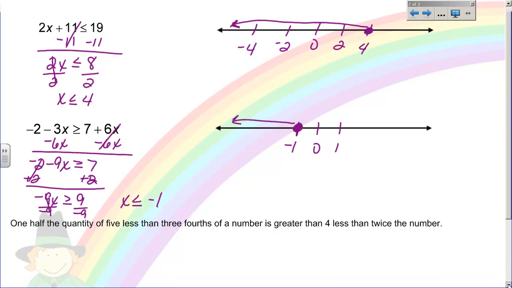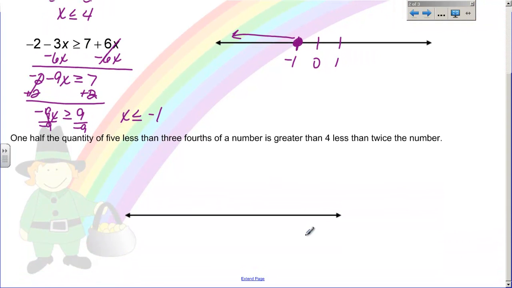So let's talk about doing this in the terms of a word problem. I have 1/2 the quantity of 5 less than 3/4 of a number is greater than 4 less than twice the number. I got a lot going on. This word right here means parentheses. So I have to do 1/2 of the quantity of something. Okay, so that means parentheses.